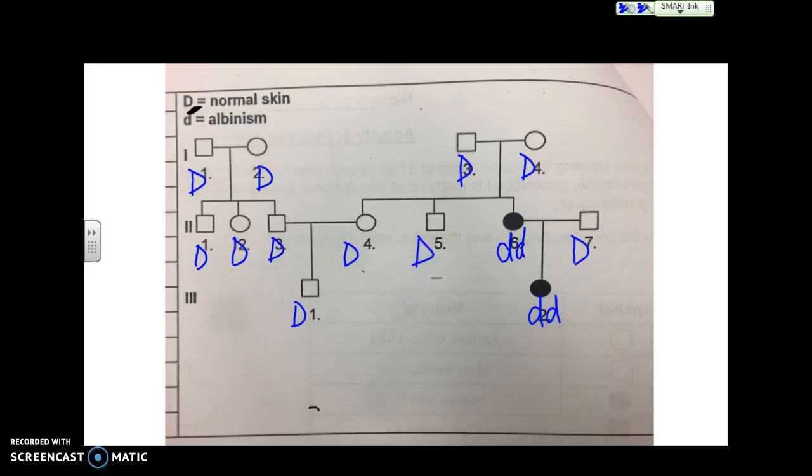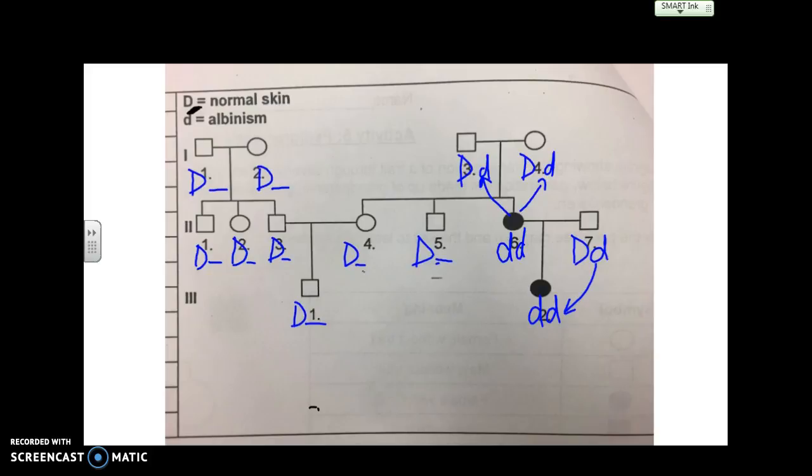Is it heterozygous or do we not know? So this guy would be little d because he gave a little d to the daughter. These parents here have to be heterozygous. And everybody else we don't know. So everybody else would be a question mark because we don't know for sure. Yeah, probability says that these guys are probably homozygous dominant, but because we don't know 100%, we can't list it.